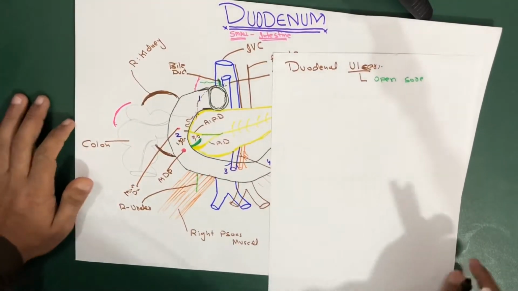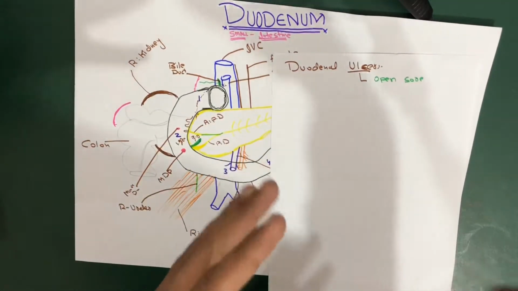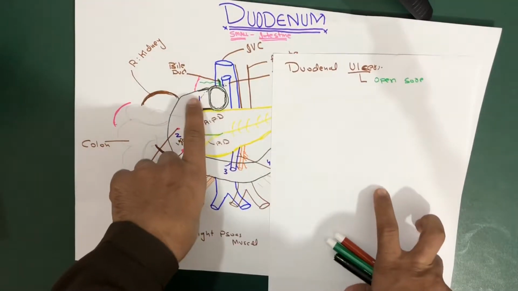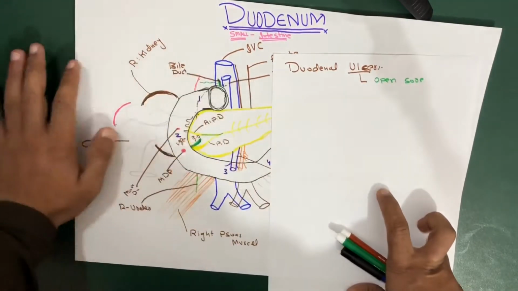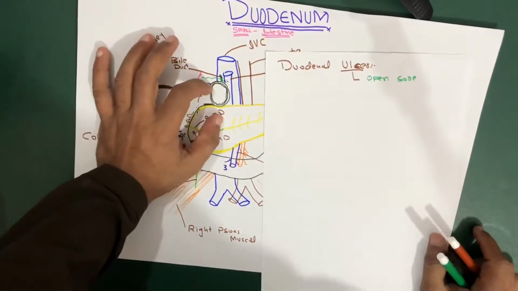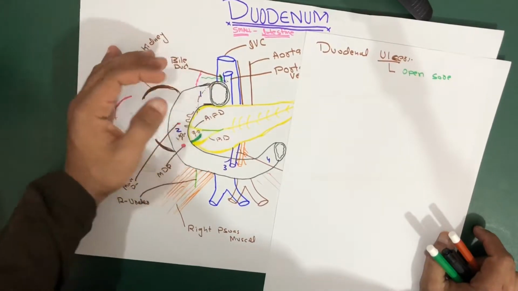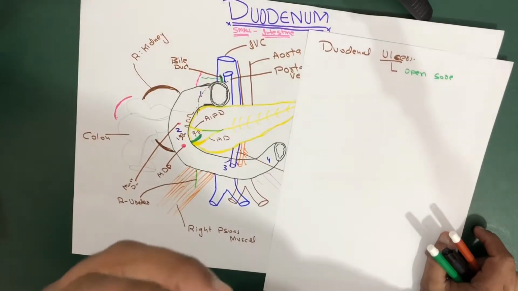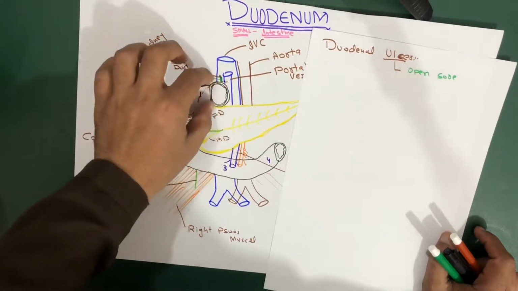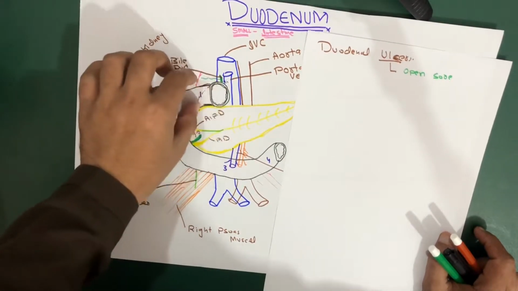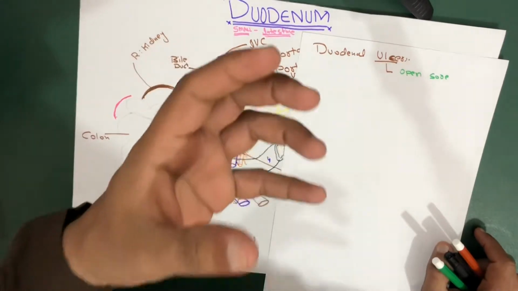The duodenal ulcer actually occurs in the first part, like we told you, this part is very important. Remember this one, the first part. Why is it important? Because the stomach contains acidic chyme. When that acidic chyme first comes into the first part of the duodenum, it is acidic.